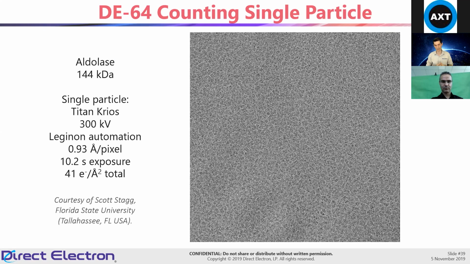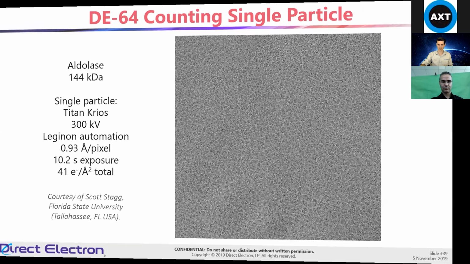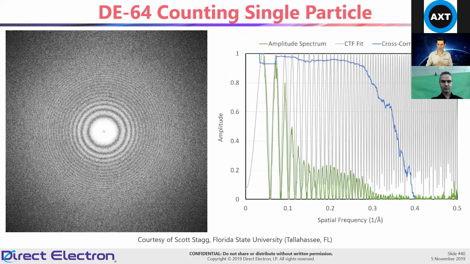I suppose nowadays it's pretty large. But of course they have a Titan Krios at 300 kV. They use Leginon for all of their data collection. And they collected for, I guess, a couple of hours on both the DE64 and the K3. And the data from the DE64 looks absolutely wonderful. And they get Thon rings all the way up to the edges.